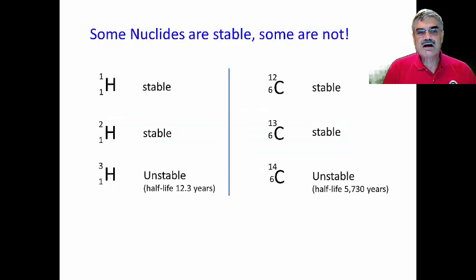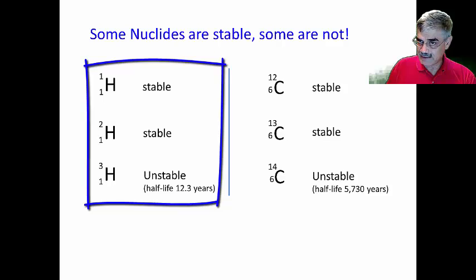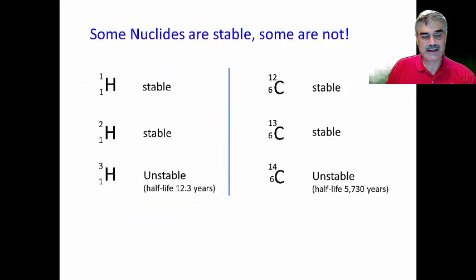This slide shows some nuclides. Some are stable and some are not. These are some of the very common ones. Hydrogen, if we go to the left, the most common form has 1 proton, 0 neutrons. We talked about that in the chapter on atoms, on elements. There also is an isotope called deuterium, which has 1 proton, 1 neutron, so its mass number would be 1 plus 1, or 2.